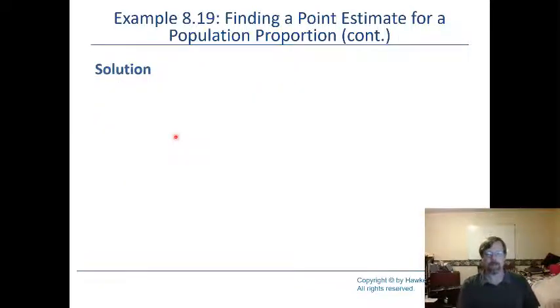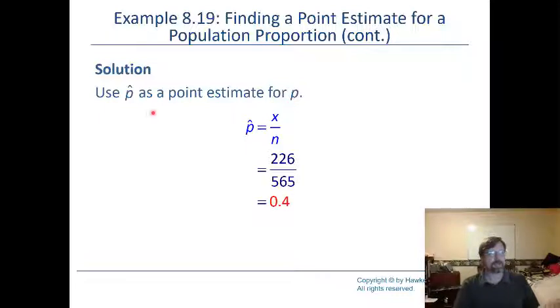Okay, so again, we're going to use p hat as the best estimate we can come up with for p. P hat is the proportion of the amount of the sample that fits the criteria we're after, and lowercase n is our sample size.